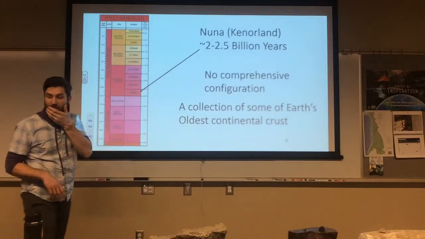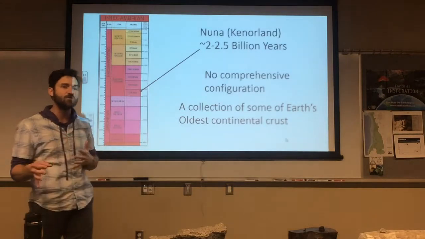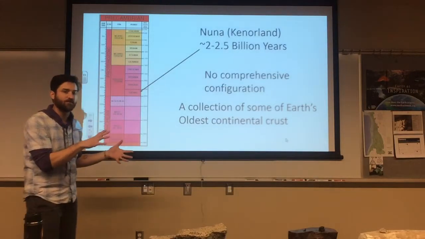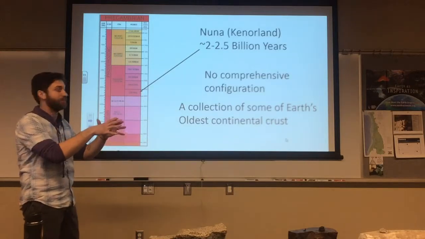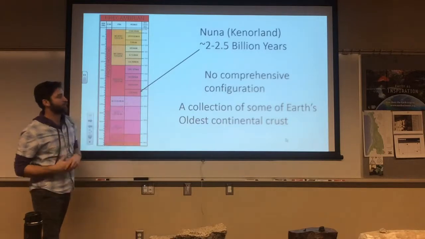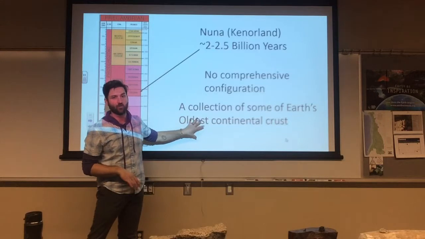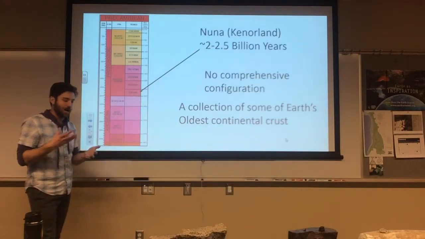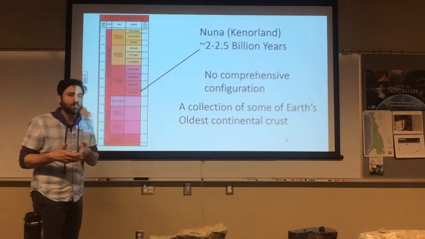So Nuna, Kenorland, again, I'll just restate that I'm a little confused in the literature. If you go back too far, the names and the time frames are a little bit different. I'm not a Precambrian geologist. We'll just say that there's this older one, 2 to 2.5 billion years ago, with no comprehensive configuration, a collection of some of Earth's oldest continental crust, some of those old blobs of granite that formed by differentiation processes at early subduction zones, maybe.